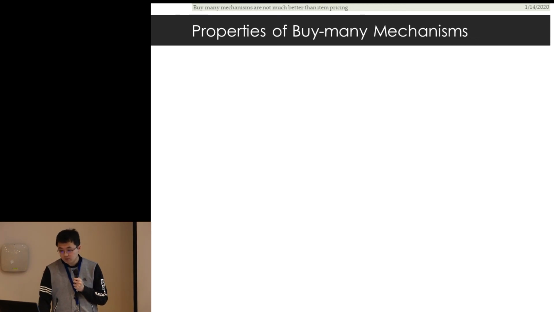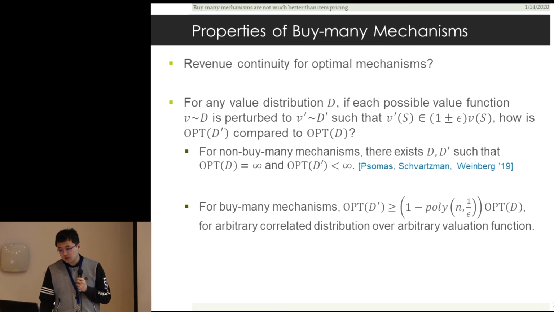So another property that was mentioned in yesterday's talk is about the revenue continuity of the optimal mechanism. To be more precise, suppose that we have a value distribution D. If we perturb all of the values in D by a factor of 1 plus minus epsilon multiplicatively, how is the optimal revenue changed compared to the original distribution?